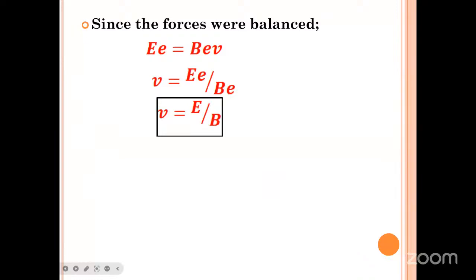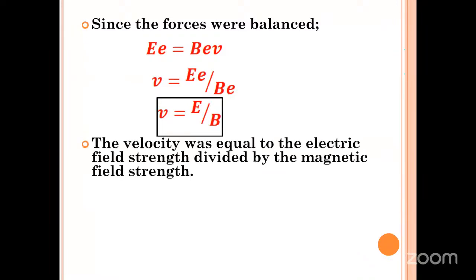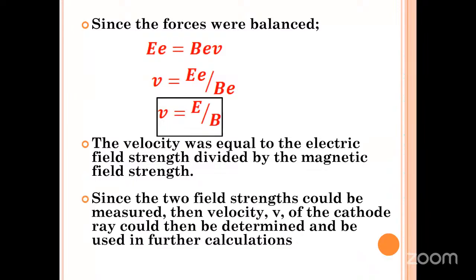Now, moving forward. What we are saying here is that since we can measure the electric field strength and the magnetic field strength, we can also know the velocity.